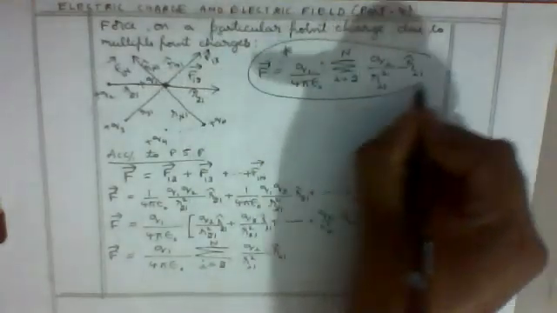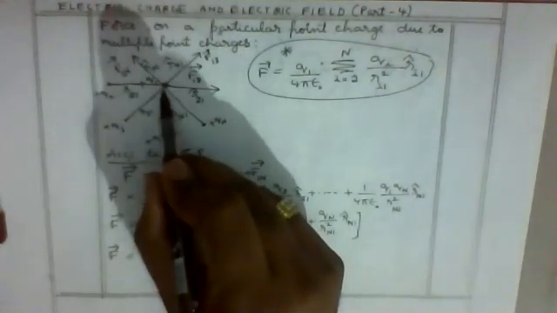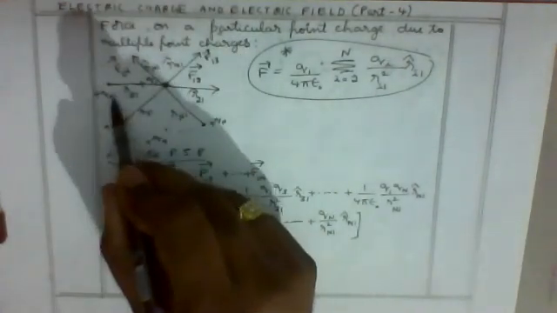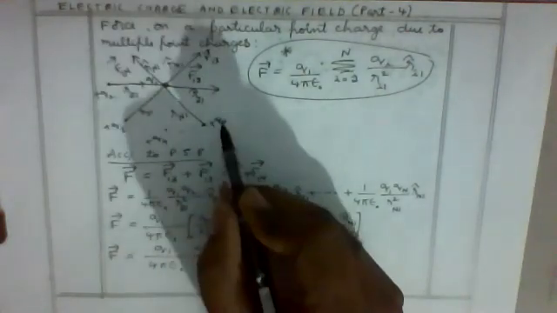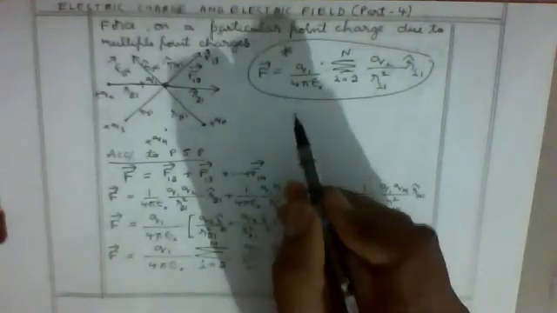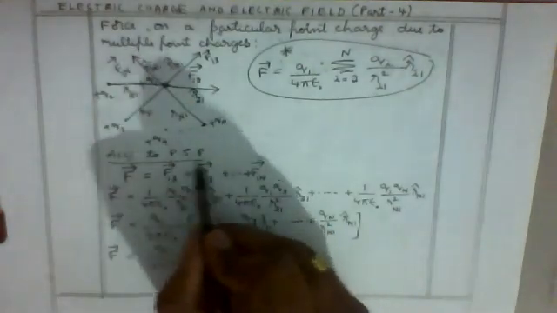So this is the mathematical expression for the force acting on one particular point charge due to multiple point charges, or group of point charges, or system of point charges, that can be determined by using the principle of superposition.